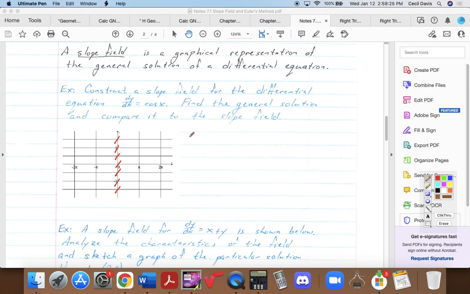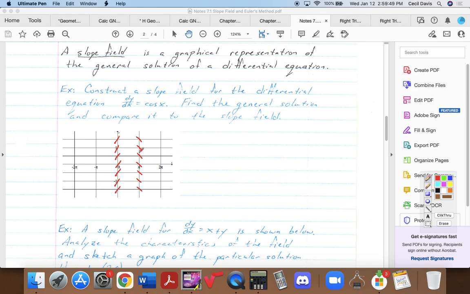All right, so what happens at x equal to pi? It's negative 1, so all these are going to be negative 1. Directly in between those two is pi over 2.